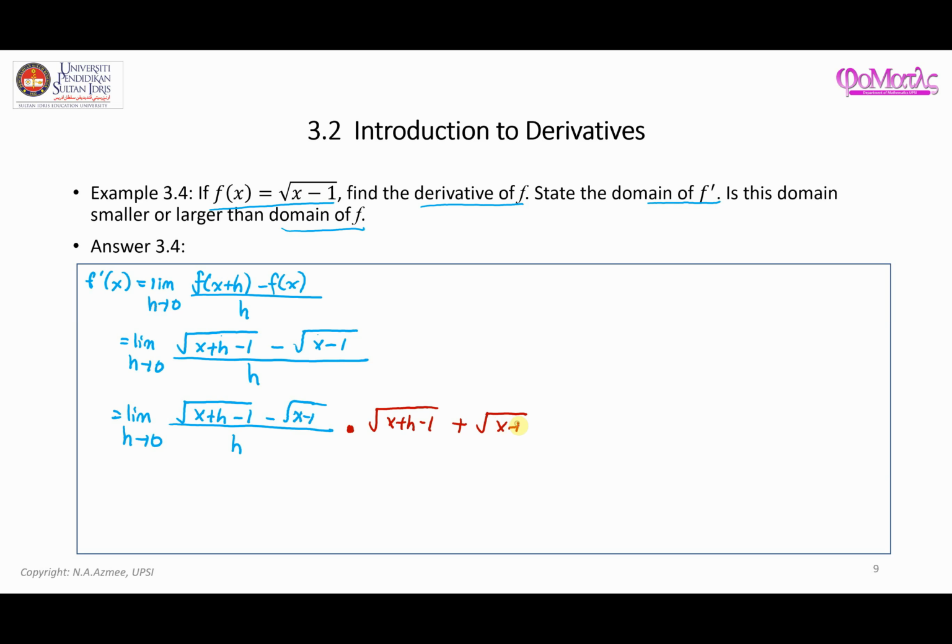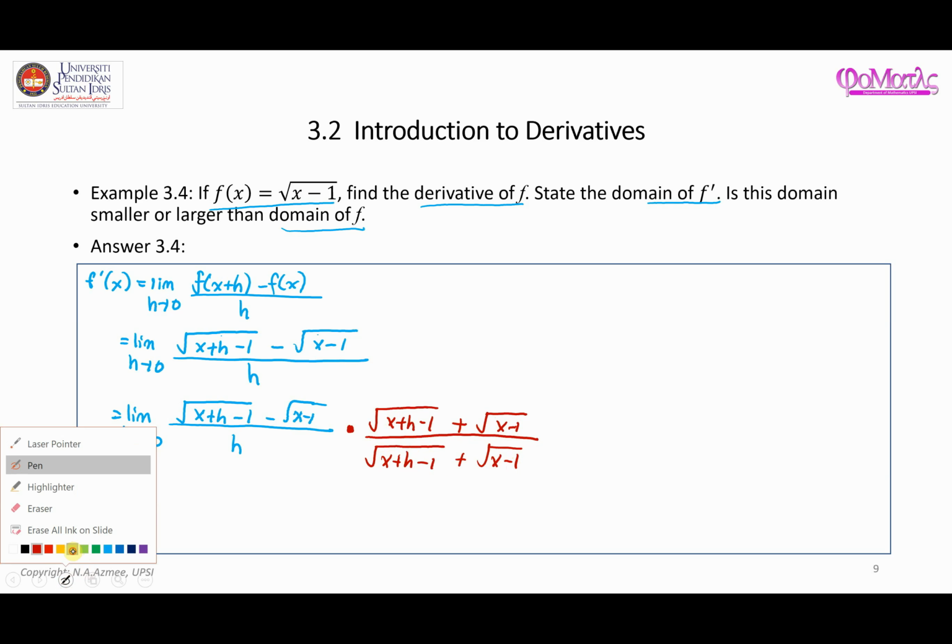This is the square root of x minus 1. And this here at the bottom is going to be the same exact term, with a positive sign, the square root of x minus 1, okay? And by doing that, I hope you can see this is the same thing as multiplying this with 1, because really this term can be cancelled out at the top and at the bottom.